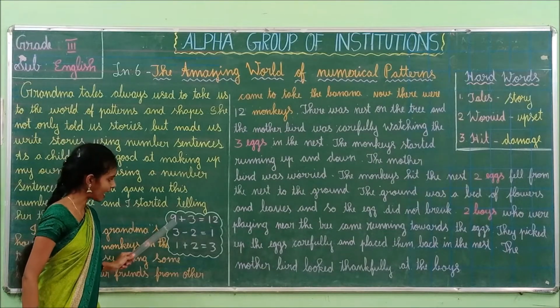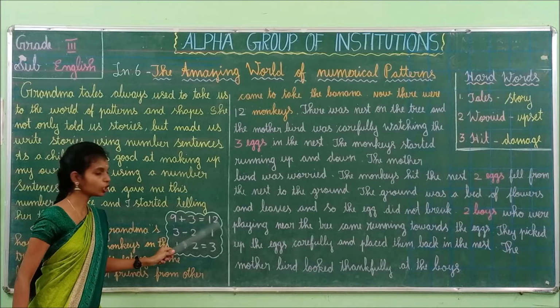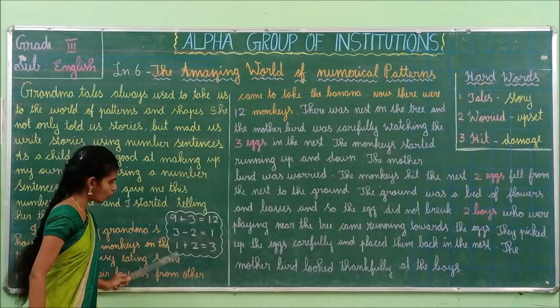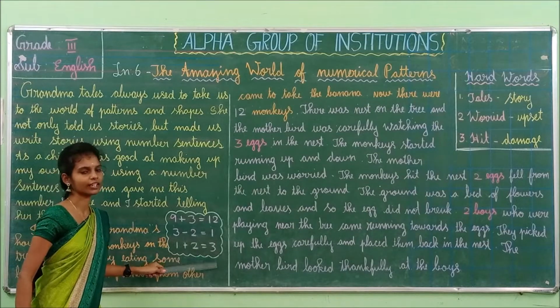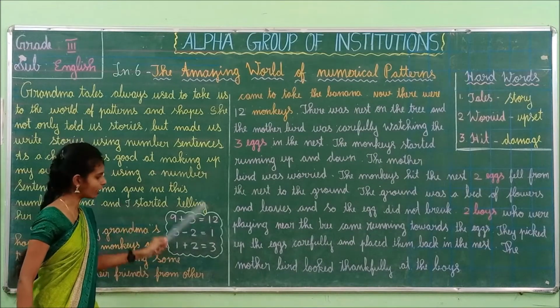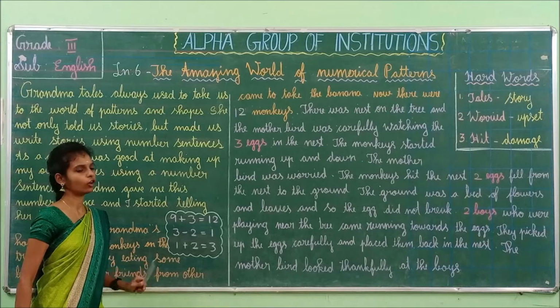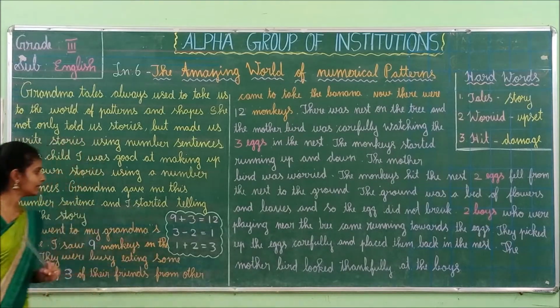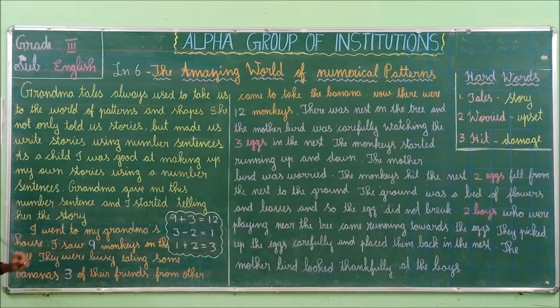So it is 9 plus 3 equal to 12, and 3 minus 2 equal to 3. So Grandma gave these numbers to the boy. What did he do? Yes, he started telling the story.